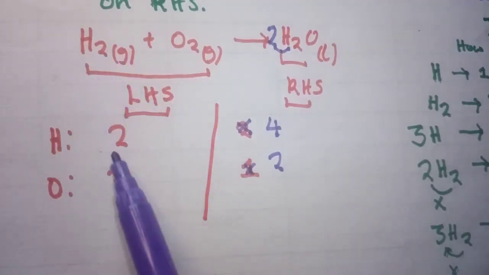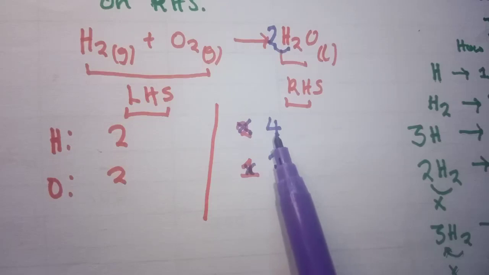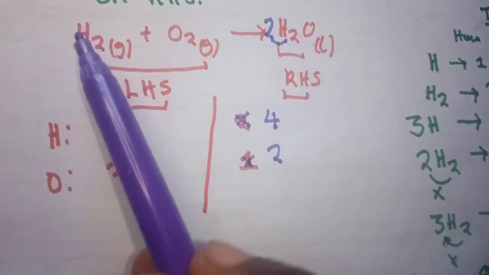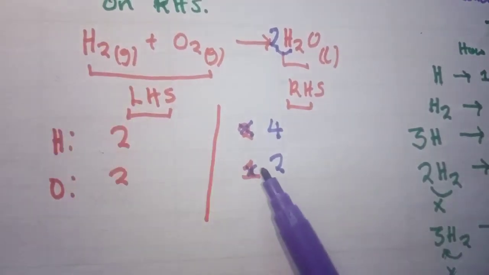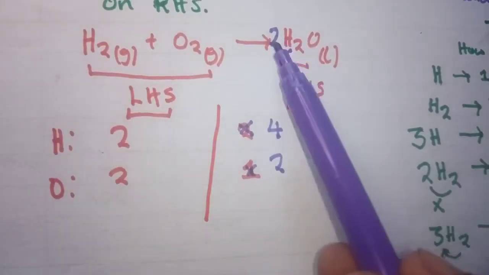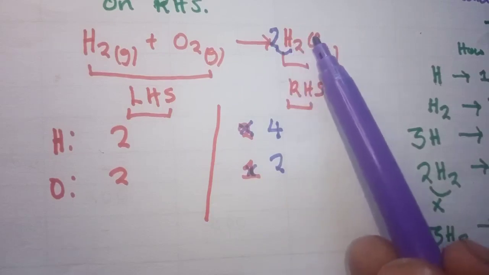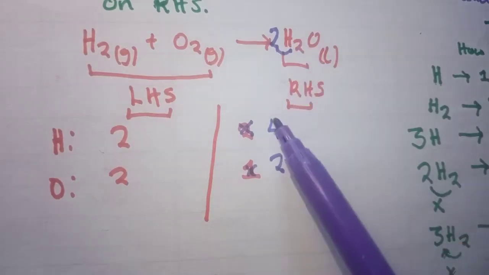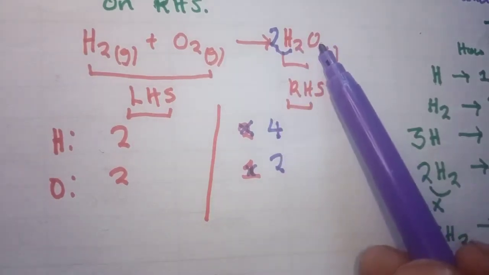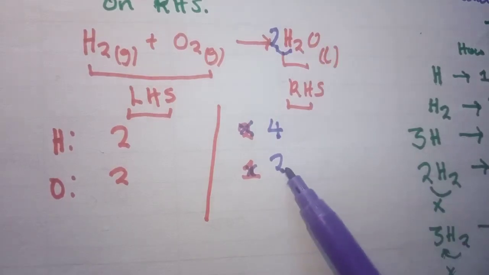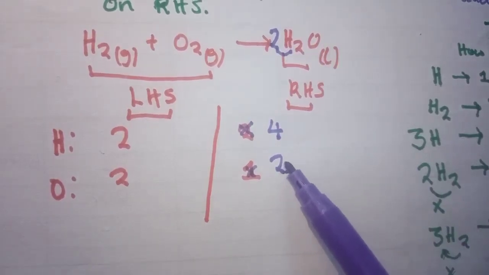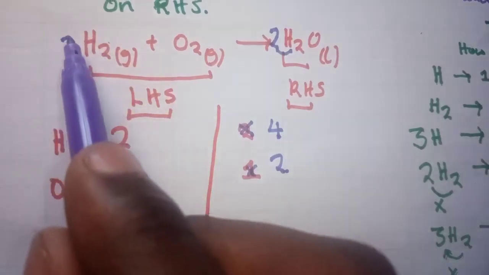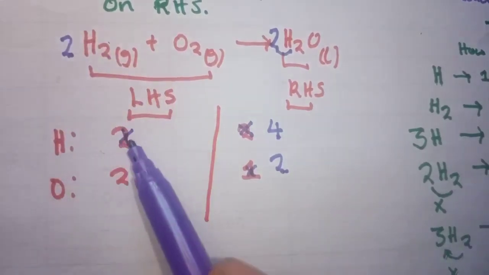Now we've disturbed the hydrogen, which was already balanced, when we wanted to balance oxygen. This 2 applies to everything, so 2 times 2 is 4. If there is no number down, just assume there is 1, so 2 times 1 is 2. To make the hydrogen on the other side also 4, I'll add a 2: 2 times 2 is 4.